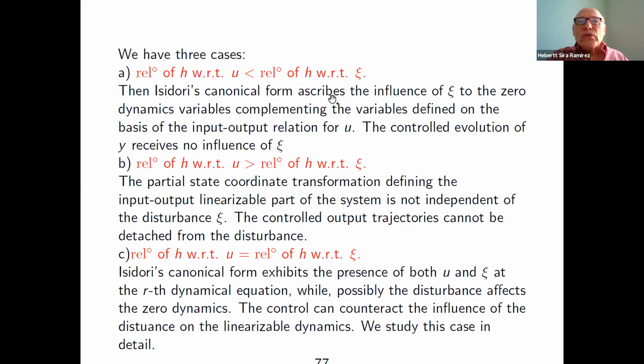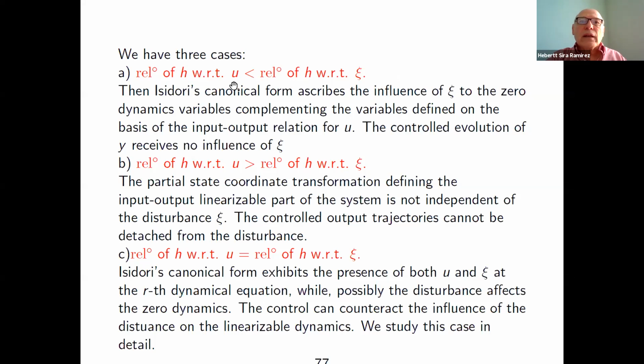And if you're willing to use state coordinate transformations ignoring the presence of that disturbance, at some point you won't even know if you can invert the transformation, and you will start wondering why the coordinates, which were cleanly a function of the advanced output, start behaving in a weird manner. That's because in their definition, the presence of this disturbance was there. And since you don't know that disturbance, you cannot implement this transformation. Therefore, this case is out of consideration.